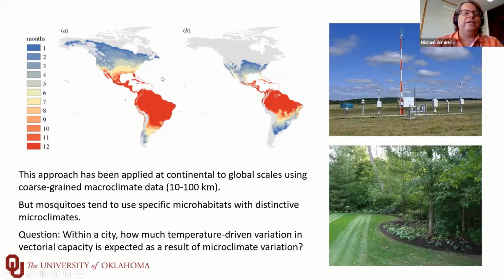But the idea is that you can take these gridded climate data sets and run these temperature values through these models and predict, based on this real bottom-up mechanistic modeling approach, where there is a risk of disease transmission. Now, one of the things that's been pointed out is that a lot of these data we tend to get from weather stations or interpolated weather data.